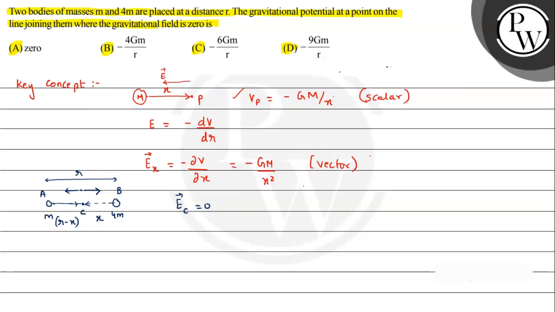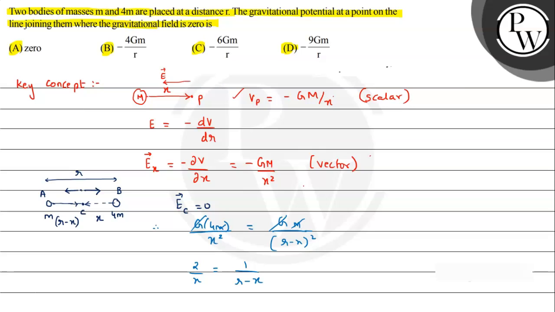Substituting the values: minus G into 4m divided by x squared equals minus G m upon r minus x squared. The minus signs cancel, and G and m also cancel out. Taking the root on both sides, 2 by x equals 1 upon r minus x.